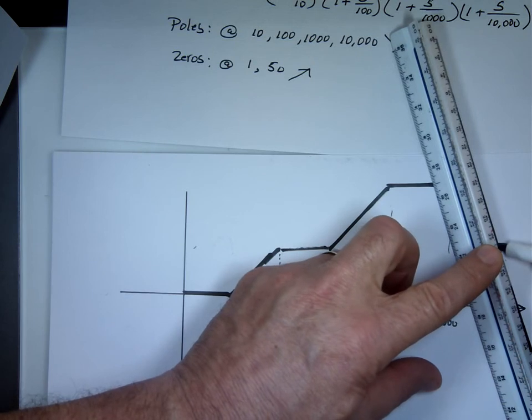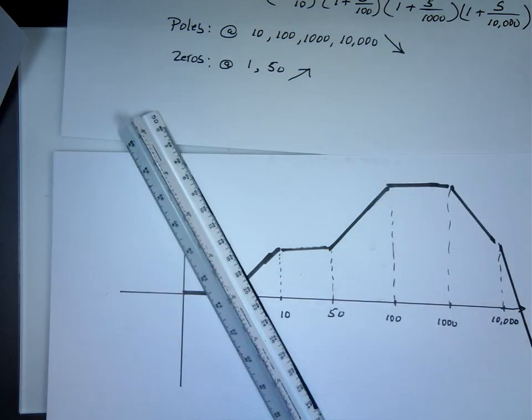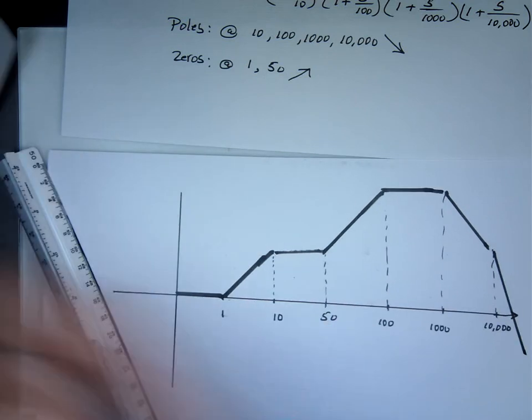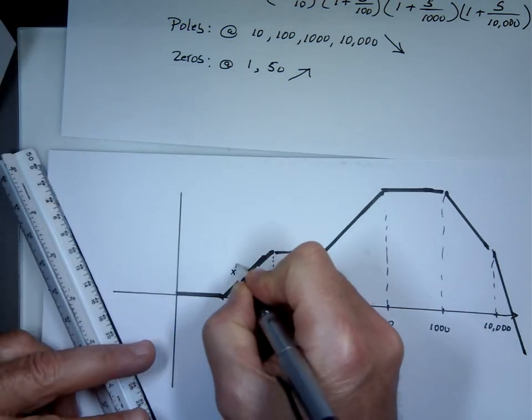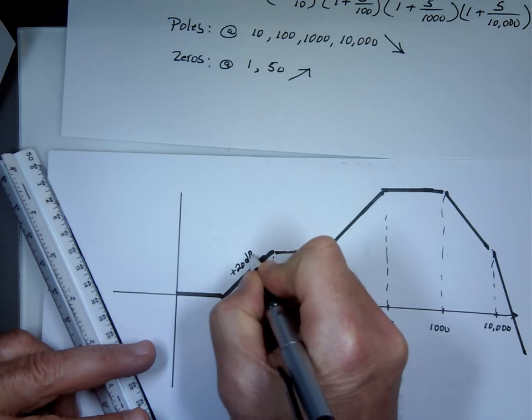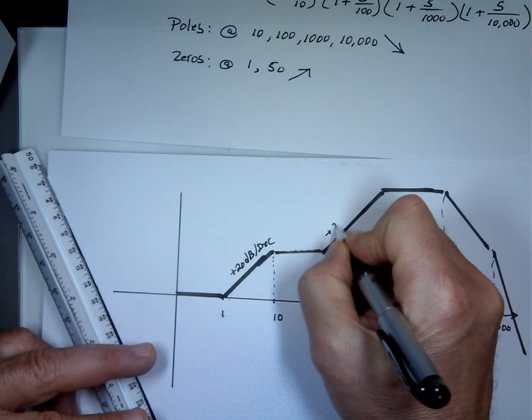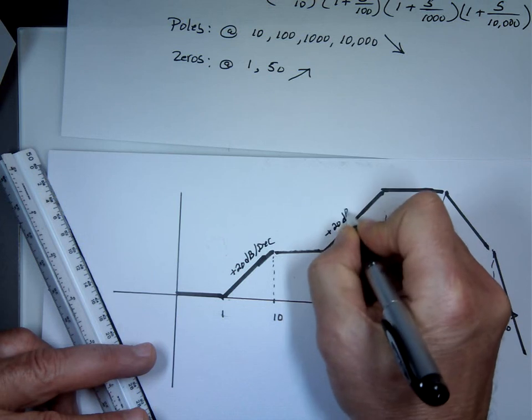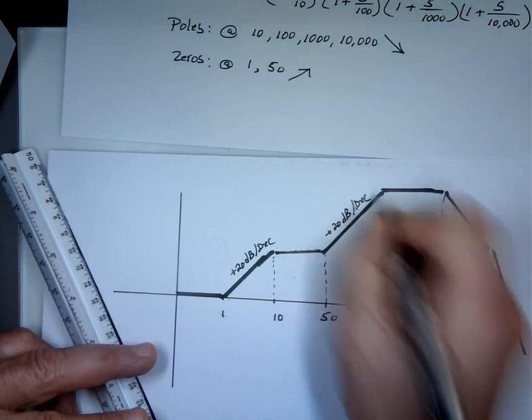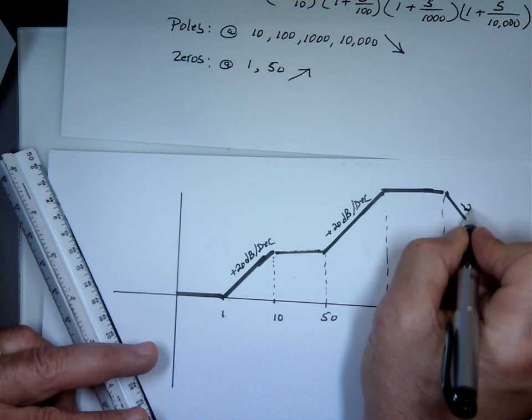So here we go. Flat, rising at the rate plus 20 decibels per decade. Flat, plus 20 decibels per decade. Negative 20 decibels per decade.